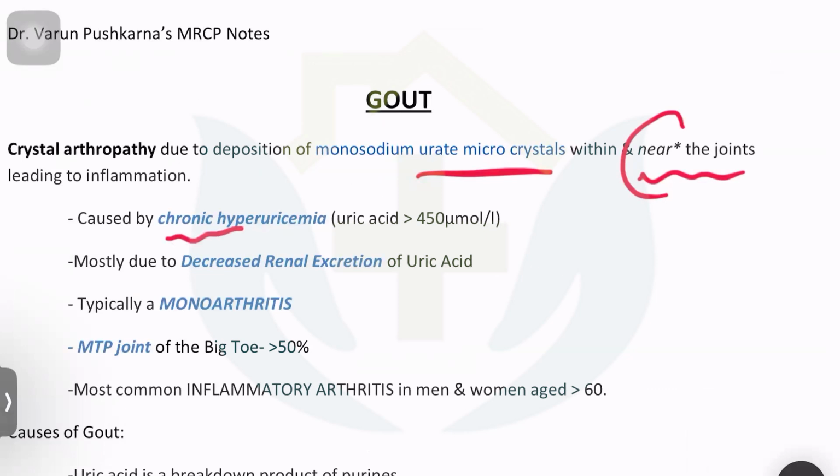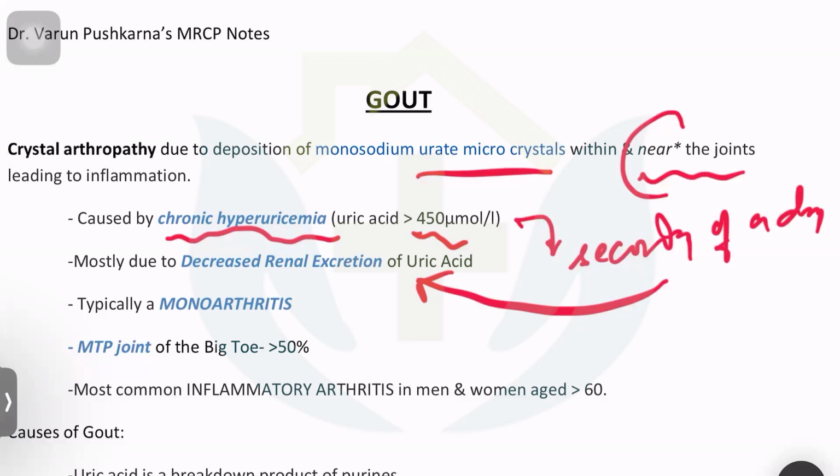It is usually caused by chronic hyperuricemia, that means uric acid levels more than 450 micromoles per liter. Essentially it is due to some secondary effect of a drug that decreases the renal excretion of uric acid, or it is because of CKD. In chronic kidney disease also, the excretion of uric acid is decreased.